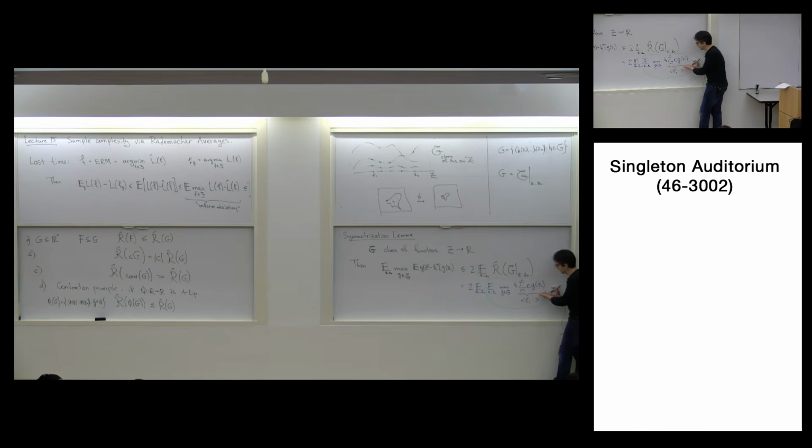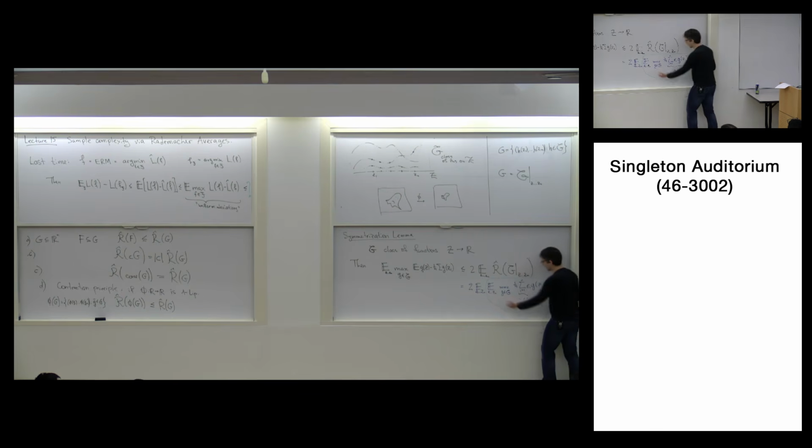That's a random draw. Epsilons are coin flips. So in principle, we can compute this. If we don't care about computational power, we could compute this object. So this is a fully data-dependent measure.